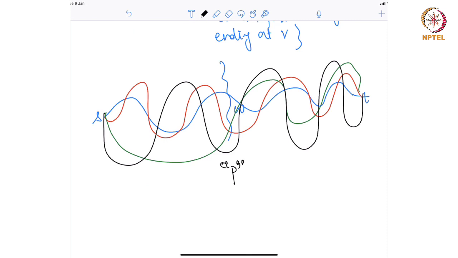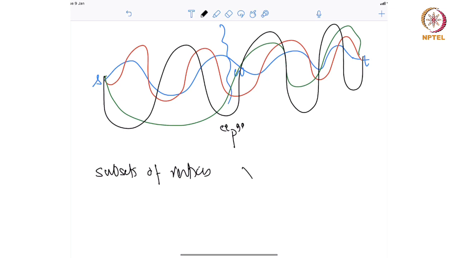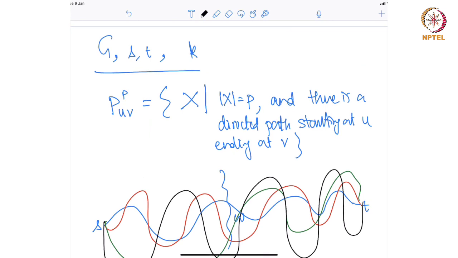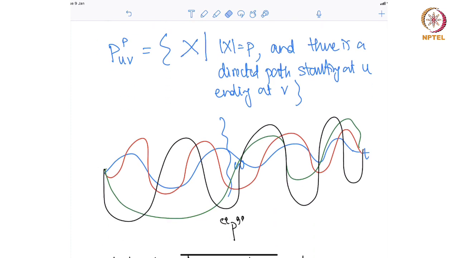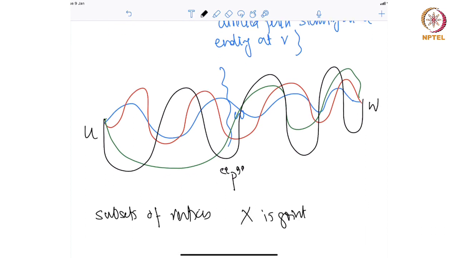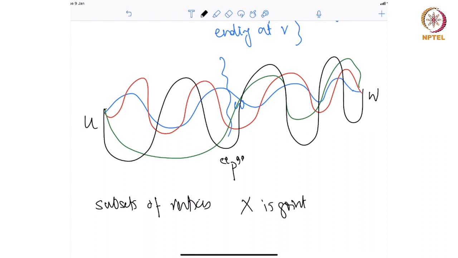So, what are these? If you notice, these are subsets of vertices, and of course X is going to have u and w first of all.